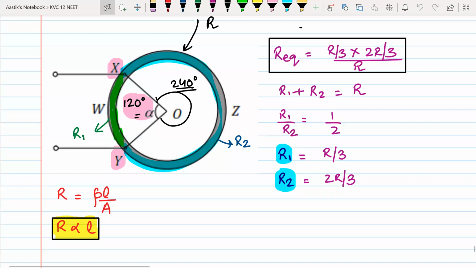But the thing is, how did you get R by 3 and 2R by 3? Make the equation on your own. You call one resistance as R1, the second resistance becomes two times R1. And R1 plus two times of R1 should be equal to what?